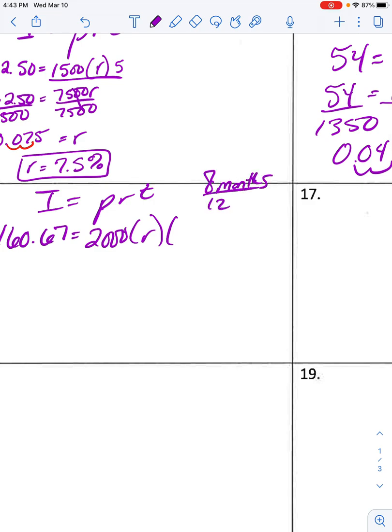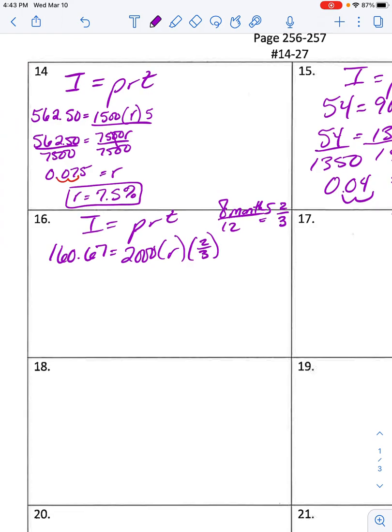There's 12 months in a year, right? Simplify 8 twelfths. Would be 2/3. Okay, if you do 8 twelfths in the calculator, guys, that's a repeating decimal. 2/3 is 0.66666. That's not going to help us. So we're going to leave this as 2/3.